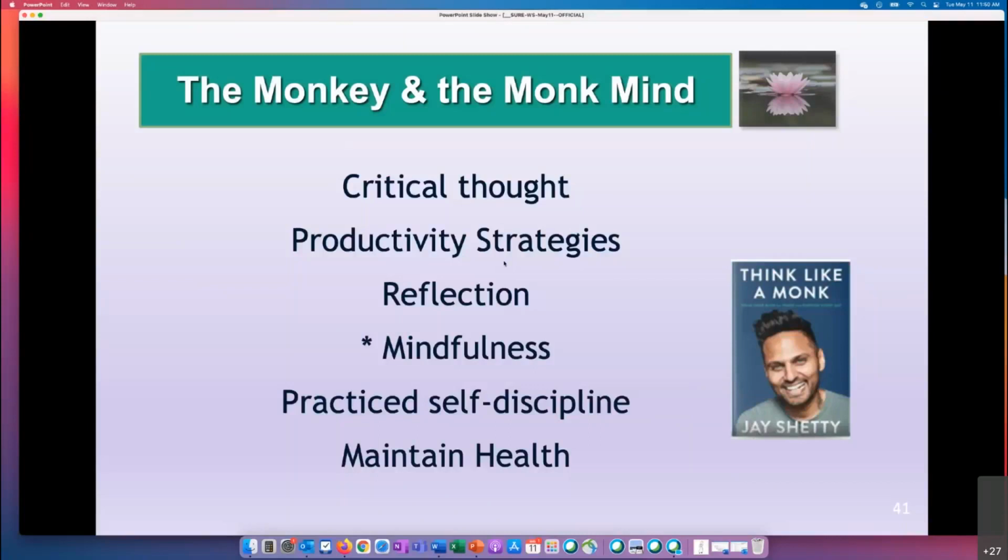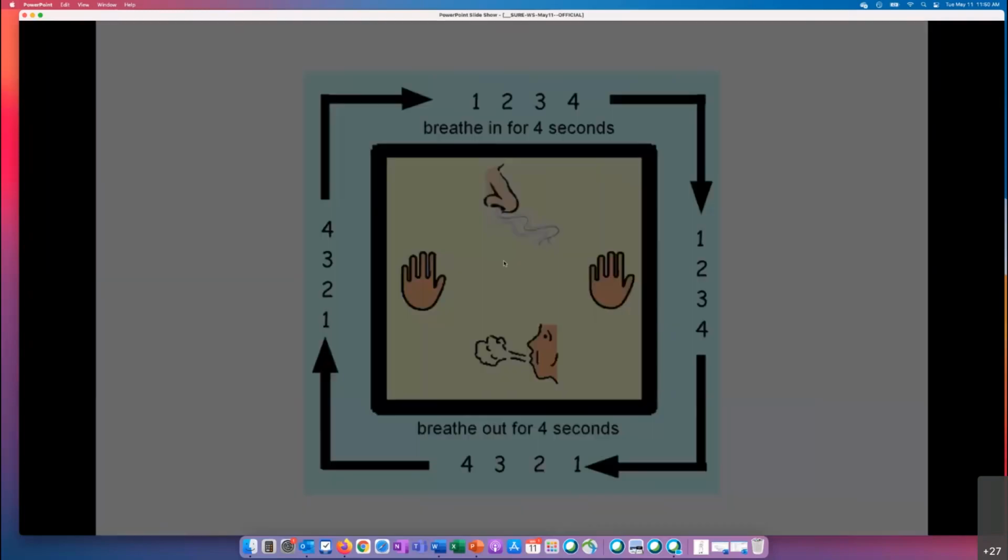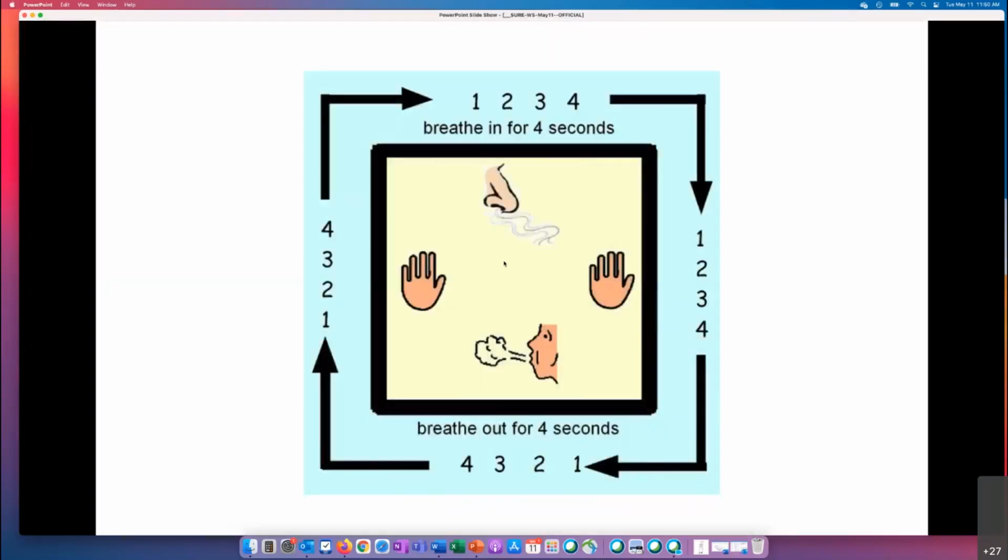He was a Buddhist monk for about 3 years and then decided to teach what he found. If you want to investigate mindfulness, it helps with focus, emotional regulation, and stress. You can contact me if you want more information. There are also examples like a breathing square to help you regulate and do deep breathing.